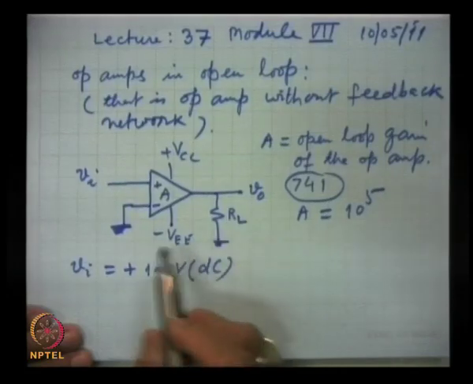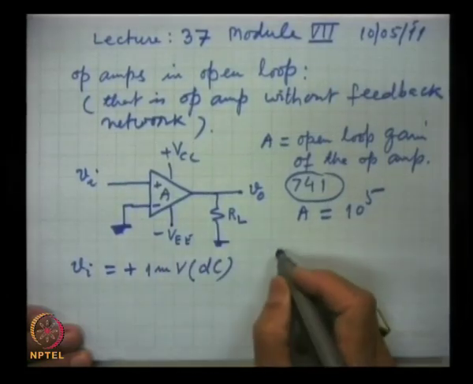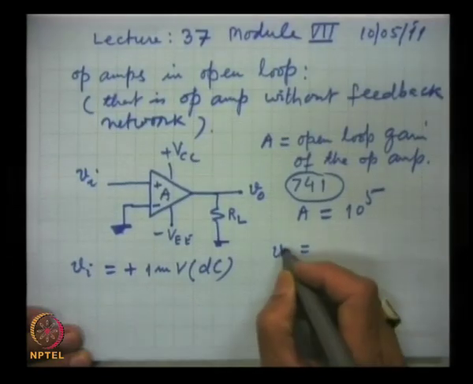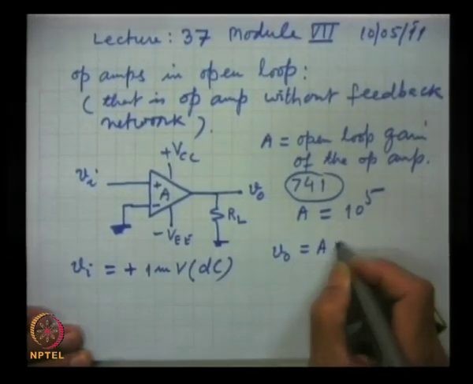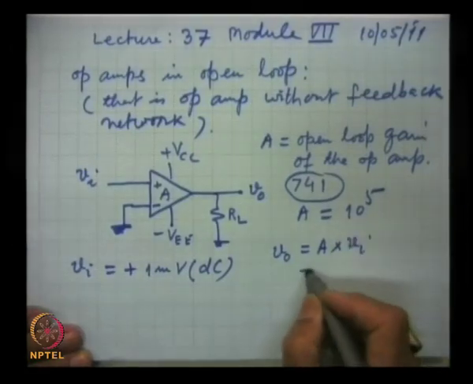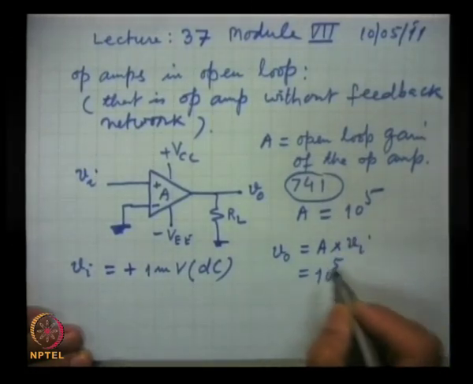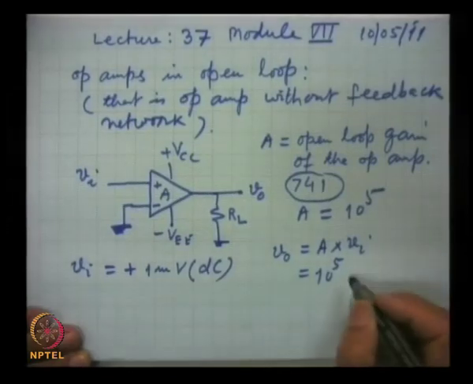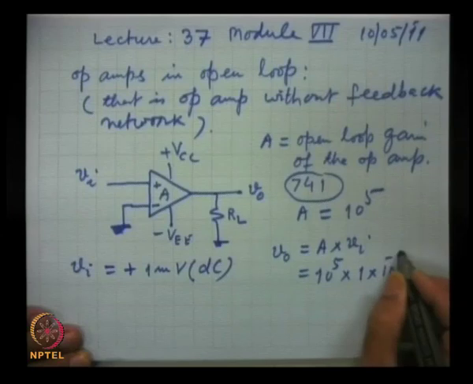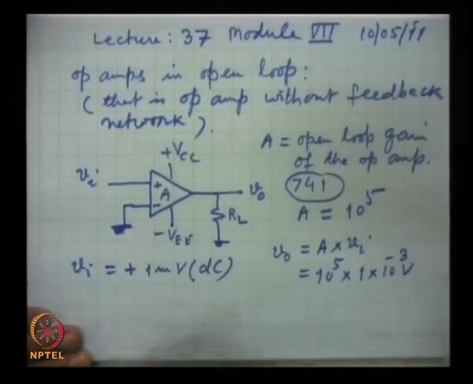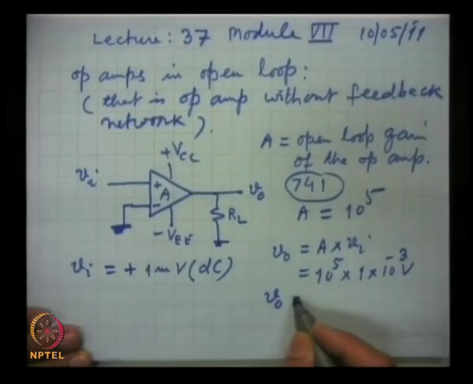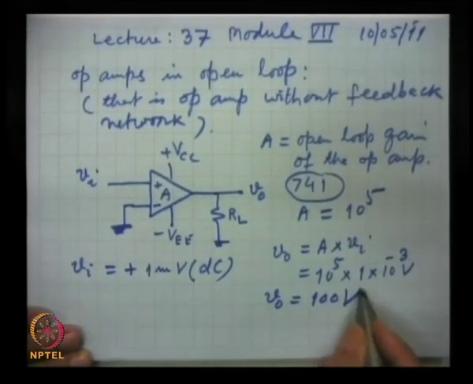Output is gain into input, that is this V out will be A into Vi. Gain is 10 to the power 5 and this is 1 millivolt, so 1 into 10 to the power minus 3 volt. So, the simple mathematics says that V out will be 100 volts.